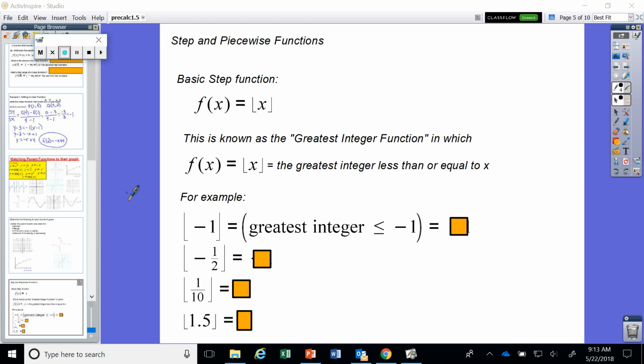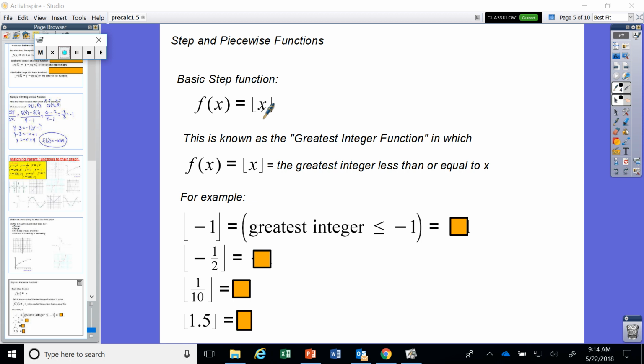First and foremost, what is the step function? You may have also heard it known as the greatest integer function. It's represented with somewhat of a double bracket. Sometimes you see a double bracket, and sometimes you see a bracket with a little lip on one side, like a little L frontwards and backwards, resembling absolute value a little bit.